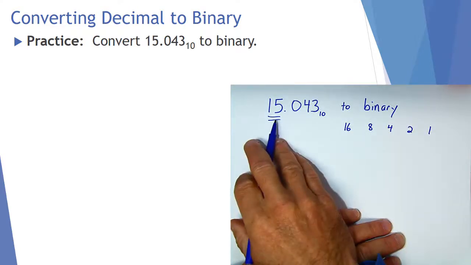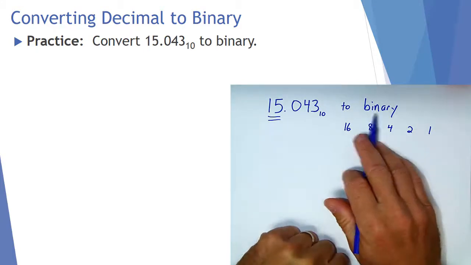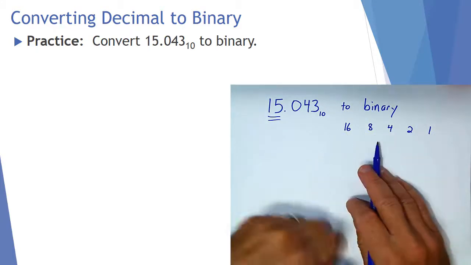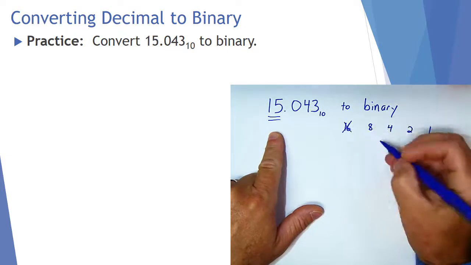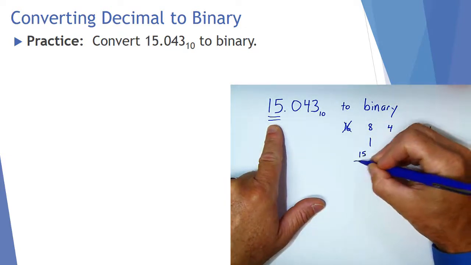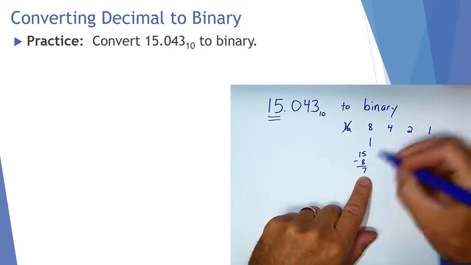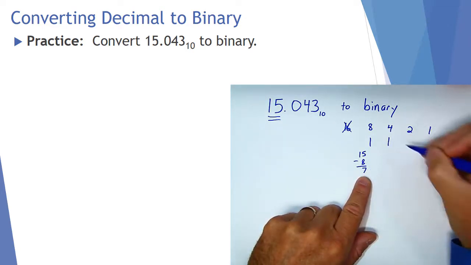Okay, so let's start by converting the 15. List all your powers of 2, since we're going to binary, starting from the right. 16 is too big, it doesn't fit in there, but 8 does. 15 minus those 8 leaves us with 7. The highest power that fits into 7 is a 4, so we'll put 1 there.